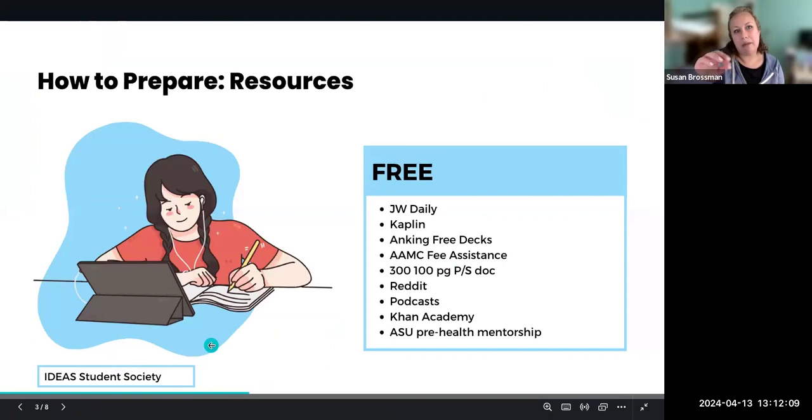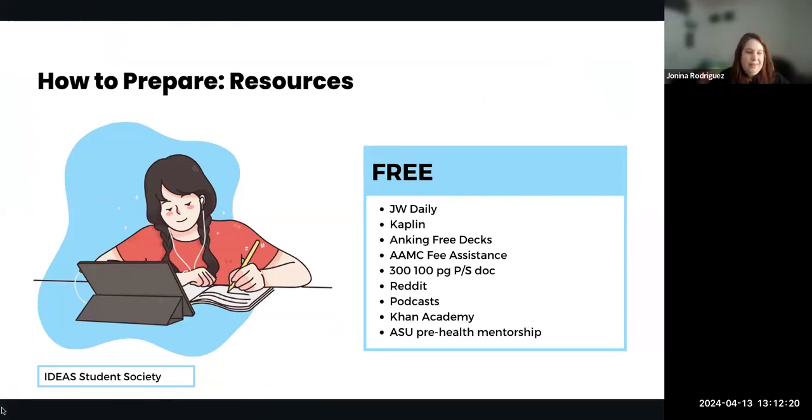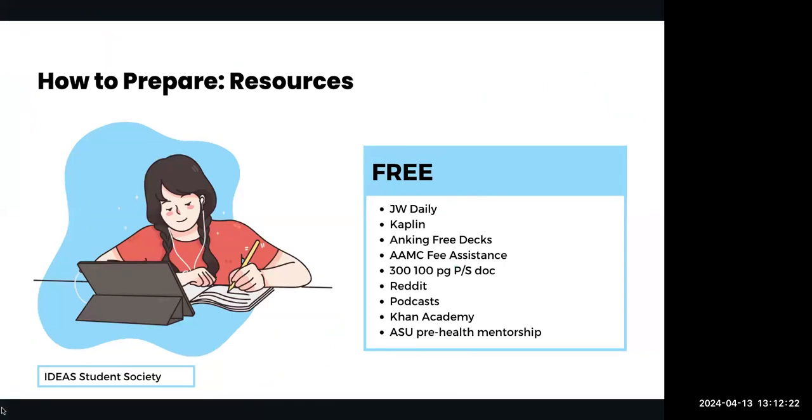All right, Gabby. Thanks. Okay, so here we have a bunch of free resources, and a lot of people don't really know about these, but it's important to know when you start doing your MCAT prep. So we have the Jack Weston Daily. You can just go to jackweston.com and sign up, and every day you will get a new daily passage that you can practice for free and see the solutions and everything.